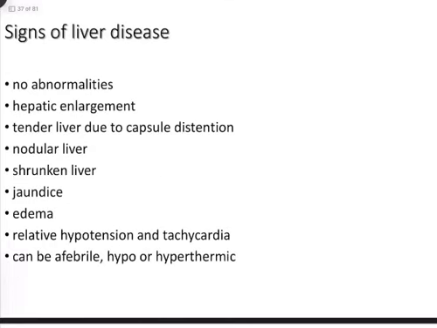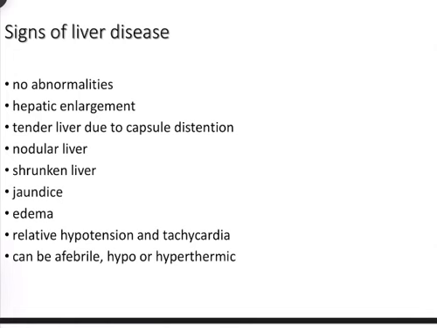Okay. Signs of liver disease. Possible, there are no abnormalities can be found, but your patient has already the disease. Hepatic enlargement can be seen. Tenderness of the liver due to the capsule distension. Nodular liver. Shrunken liver. Pag sinabi mo nodular, may bukol-bukol. Shrunken liver, lumiliit yung liver due to cirrhosis.